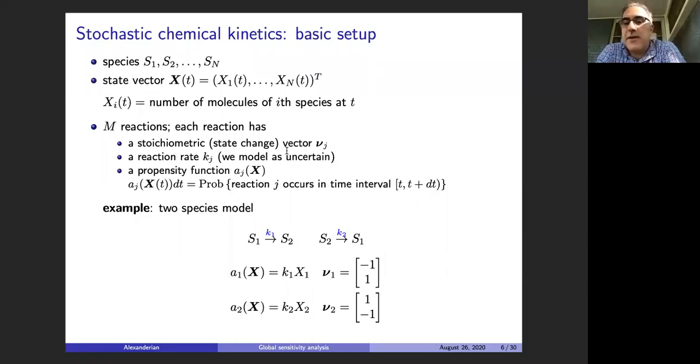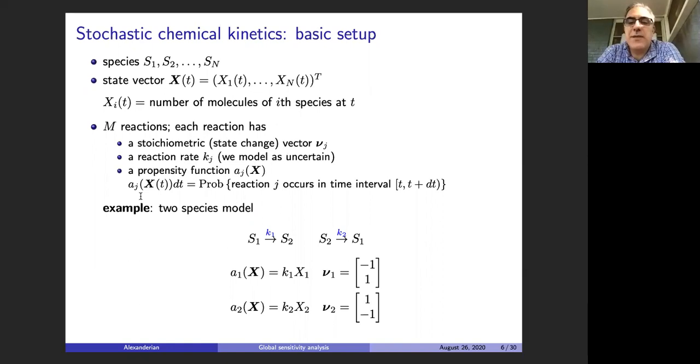How does the state vector change? You have a reaction rate for each reaction, and a propensity function. These propensity functions define, as I wrote here, the probability that the jth reaction occurs in the infinitesimal time interval.